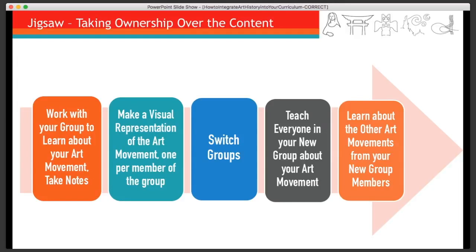So here's another one. This is kind of a flipped learning thing where you work in a group to either study one art movement or one part of an art movement. For example, if you're doing ancient Egypt, each group gets one area of the afterlife.